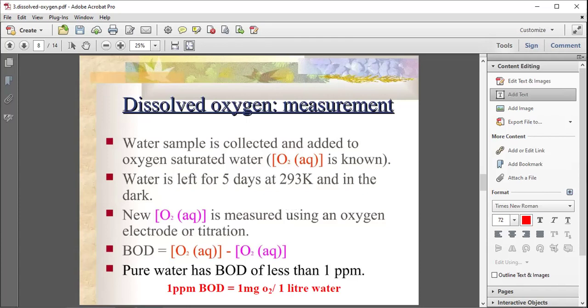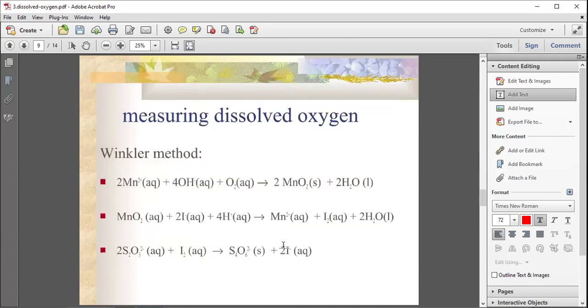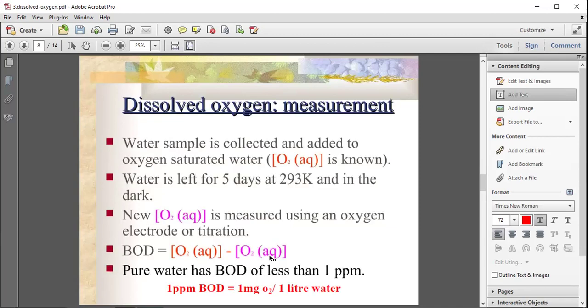So you have to have a clear-cut idea: 1 ppm BOD is equal to 1 milligram oxygen per 1 liter. So note this one.